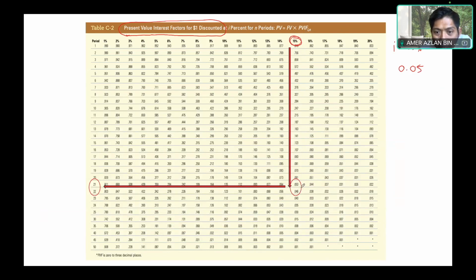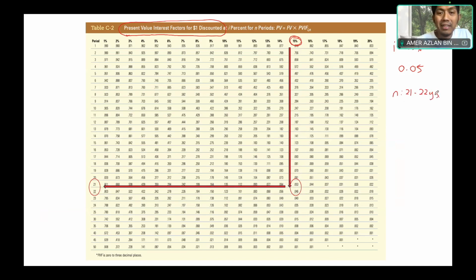So 0.05 is somewhere in the middle here, between 0.046 and 0.053. So you go to the left and you find that it falls between the period of 21 and 22. So you get the same answer. The N is 21 to 22 years.